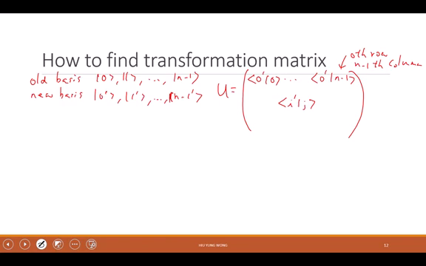The ith row, jth column element is the ith new basis inner product with the jth old basis. So what is this? Which row is this? N minus 1. So it has to be n minus 1 of the new basis in a product with 0 of the old basis. Up to n minus 1 of the new basis in a product with n minus 1 of the old basis. Then we'll give you the transformation matrix.